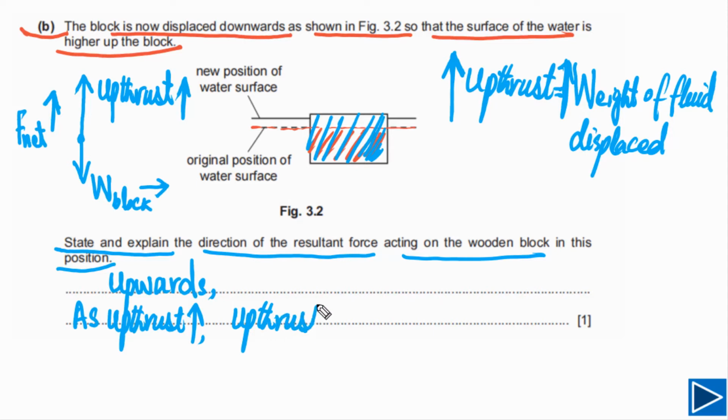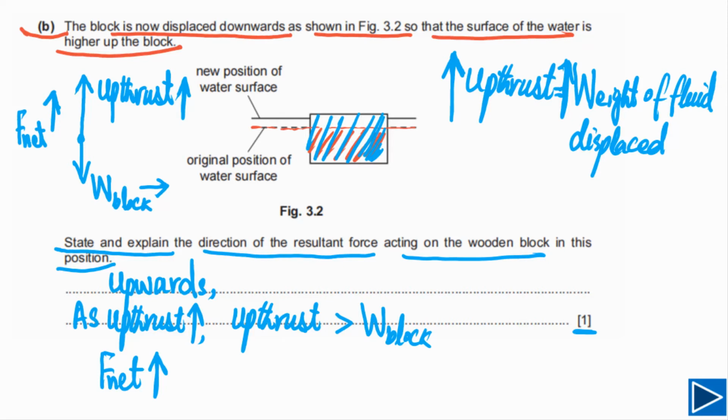Now, as upthrust is greater than the weight of the block, F net is upwards. These points we have to write down to answer this question, and this question has only 1 mark. Let me show you how you can write down your answer.